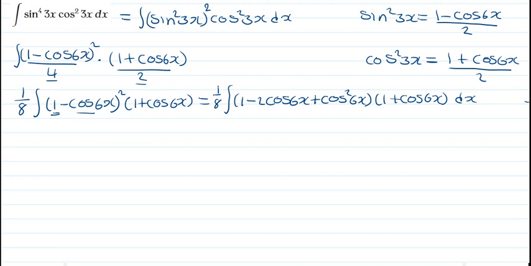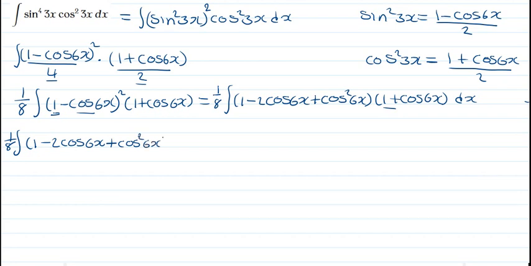Simplifying further, we're going to have 1 over 8 integral of, we have 1 multiplied by everything here, we'll get 1 minus 2 cos 6x plus cos squared 6x.